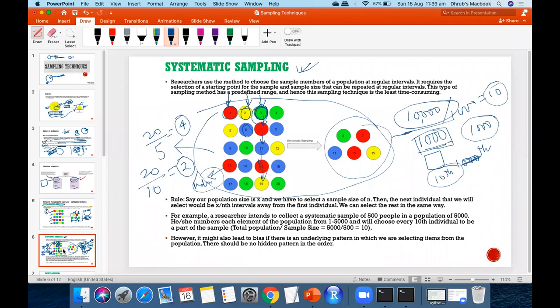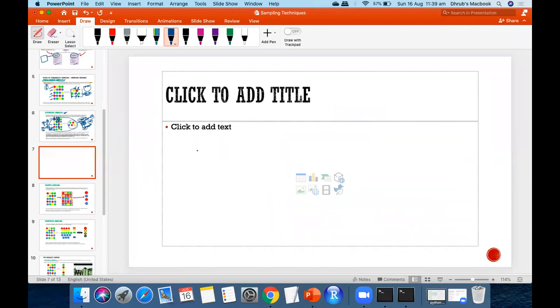It's still not clear for me. Okay, let's see, I have 20 points in my population. How many points am I saying I have to draw? 10 points, right? So I'll just do a brief calculation in my mind. That means every second point I have to take, correct? Yes or no? Yes.